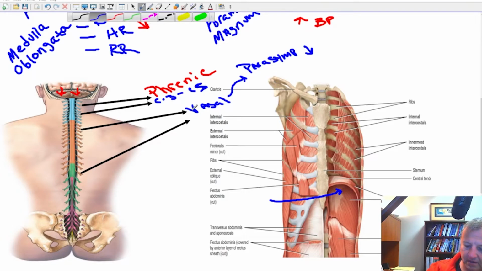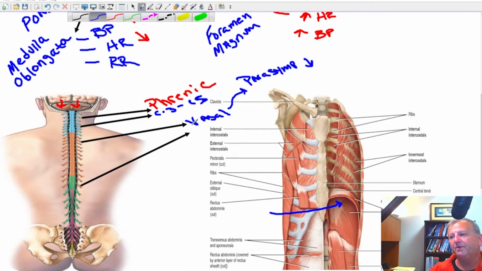Not only do we talk about the phrenic nerve, we also have the external intercostal muscles and the internal intercostal muscles that get stimulated as well. Here we have the phrenic nerve doing some of that too. So look out for problems with the phrenic nerve and the vagal nerve.